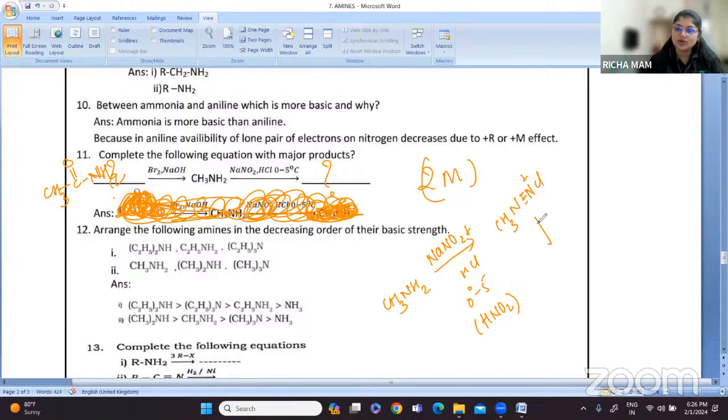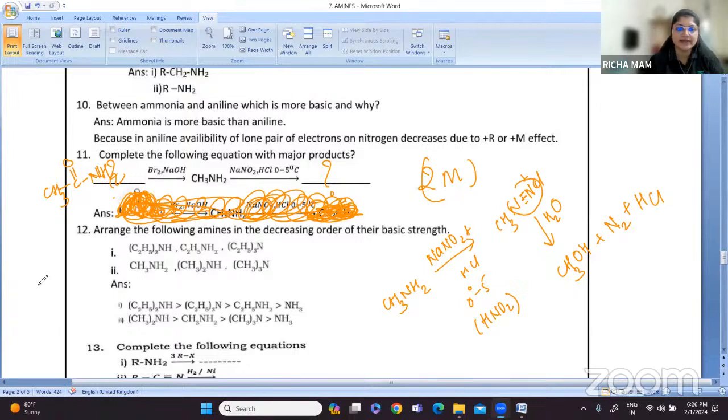When you treat this with water, it loses N2, the Cl reacts with hydrogen to give HCl, and you are left with OH. So you get methanol, CH3OH. Understood? Is it clear now?